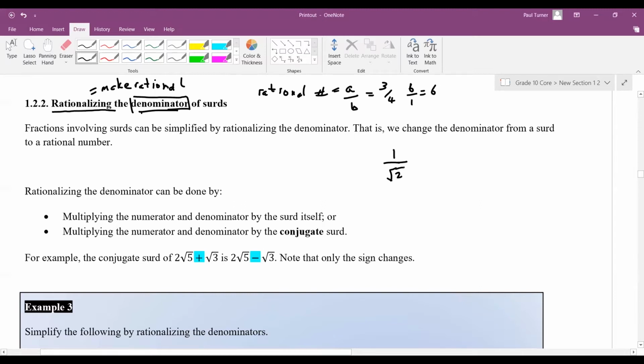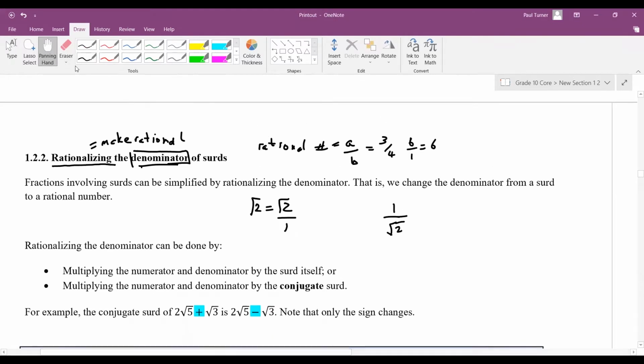Now, root 2 is not rational because we can't write that as a fraction of 2 integers. So root 2 is root 2 on 1. Well, 1 is rational, but root 2 is not, because you can't write root 2 as a fraction of integers. So both of those have to be integers as well.